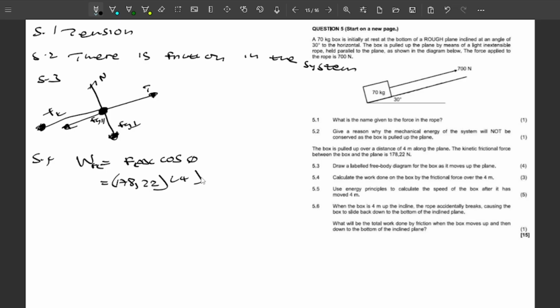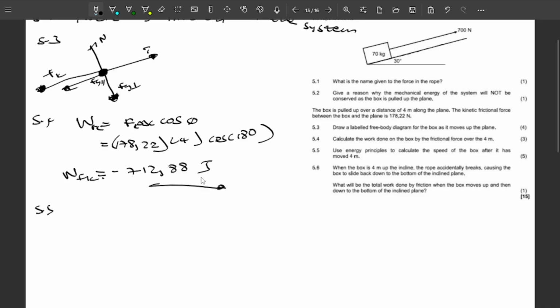So not 40, it's 4, and this is cos 180 because it opposes the motion, right? Our answer then is supposed to be negative 712.88 joules, right? Good.